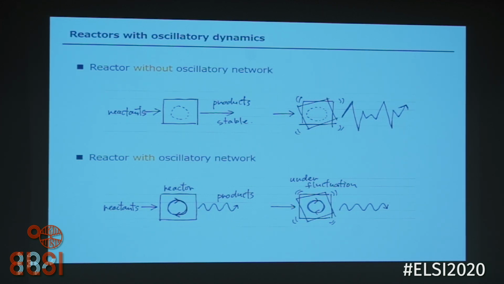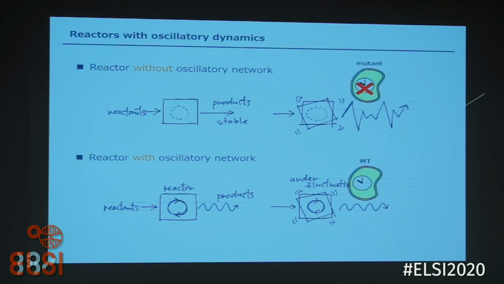However, because of the limit cycle nature, we might be able to expect such a system can be stable even under fluctuating conditions. But on the other hand, for the case without oscillation networks, the system might be very fragile. I mean, the output can be scattered when the system is put in the natural environment.